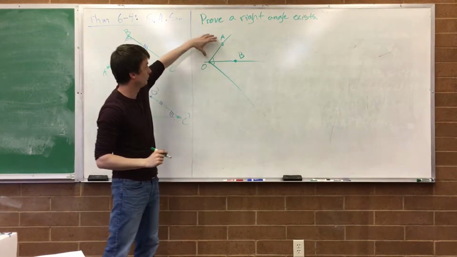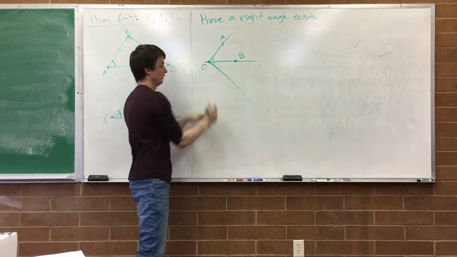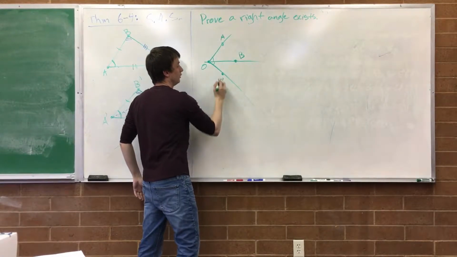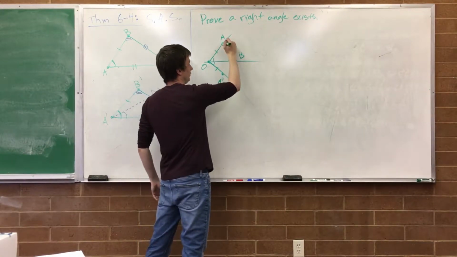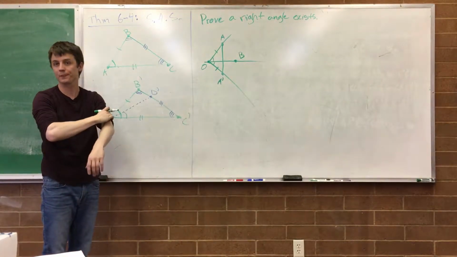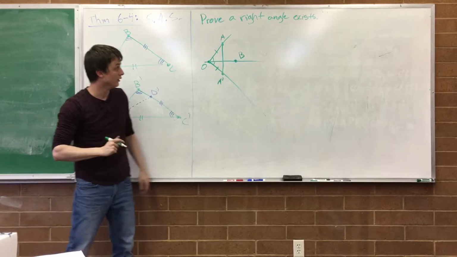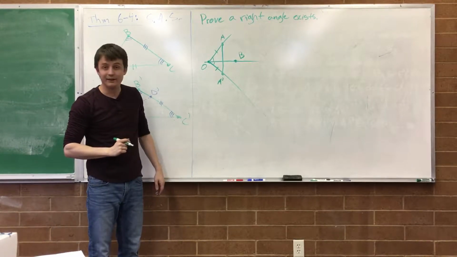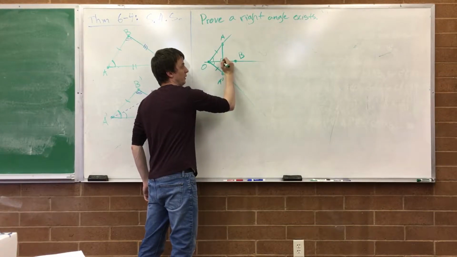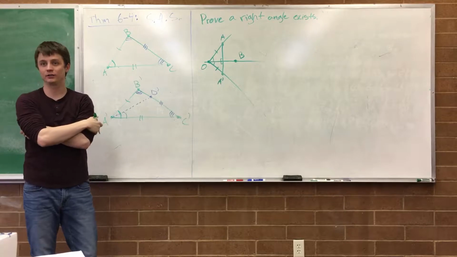I can also, from this point, find the point A prime so that this is the same length as that, right? And now I want this and this to be my right angles. Hopefully that's pretty obvious. How am I going to argue that those are right angles?